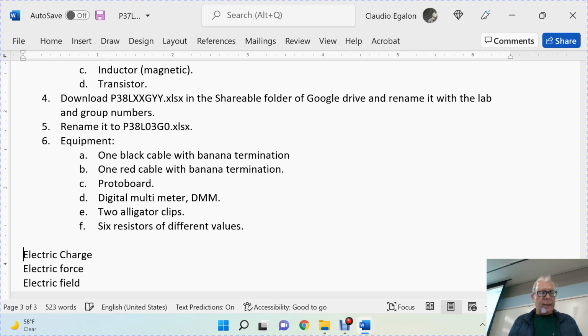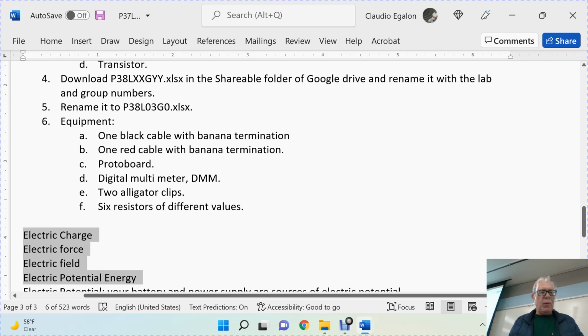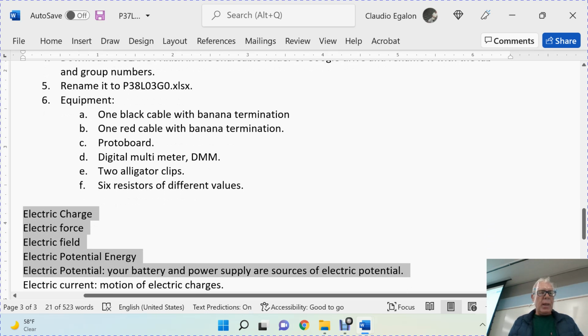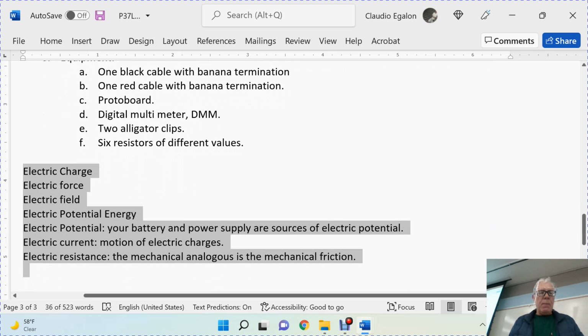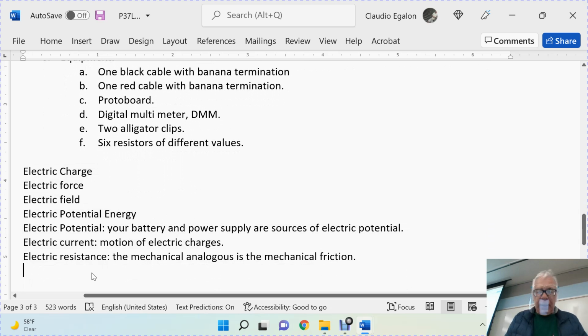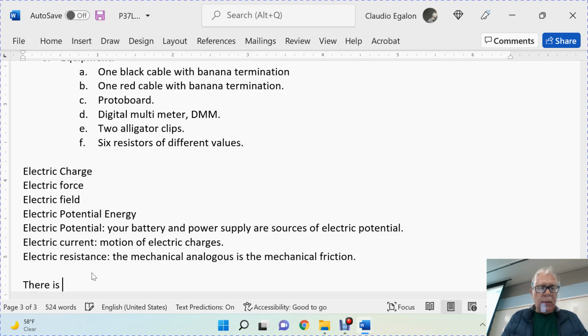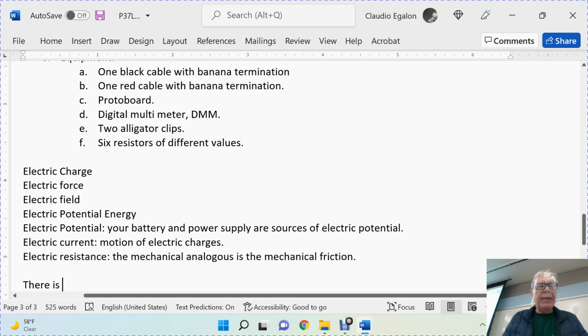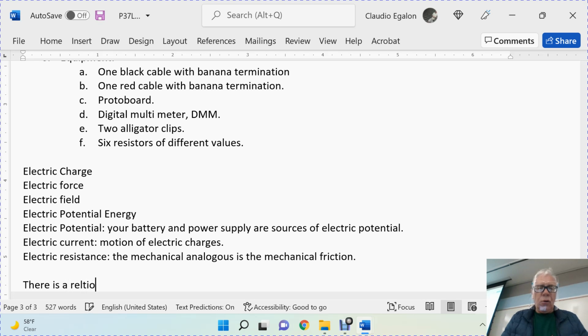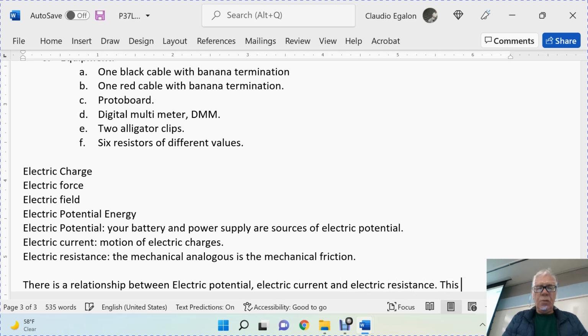So the concepts are electric charge, electric force, electric field, electric potential energy, electric potential, electric current, and resistance. There is a relationship between electric potential, electric current, and electric resistance.